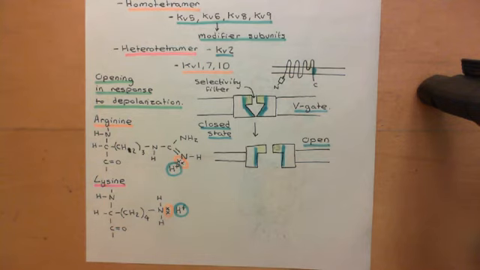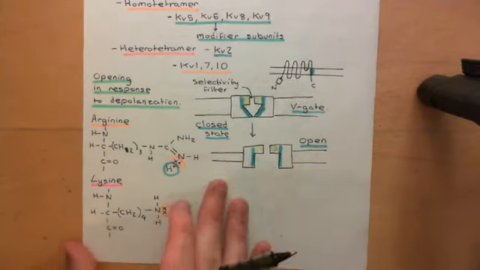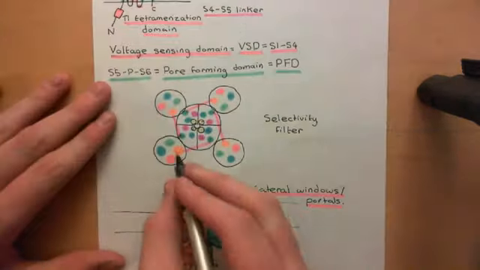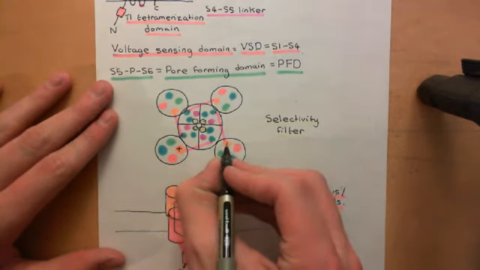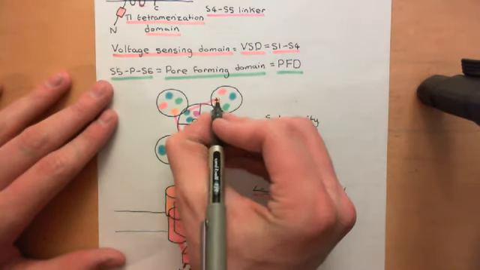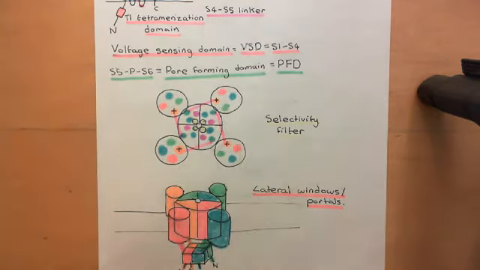So the key thing to take from that is that the S4 helix is positively charged. These orange helices here are positively charged, so I'll put a little positive here. Now, this is how you're going to get some sort of conformational change in response to depolarization of the electrical potential difference across the cell membrane.